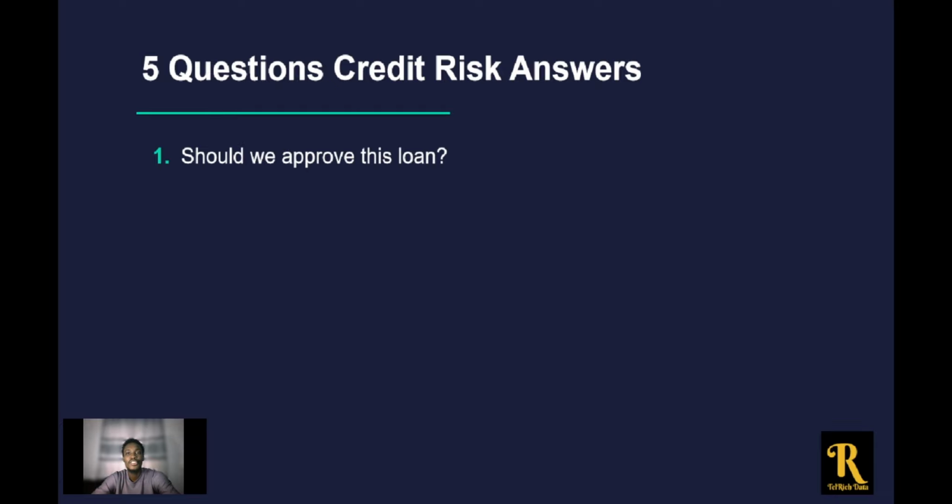That's the first question. So this is underwriting. First of all, you look at the applicant's data, their income, their history, and their behavior, and you make a decision. So it's either you approve, decline, or you approve at a lower amount. Most of this is automated now using rules and models.